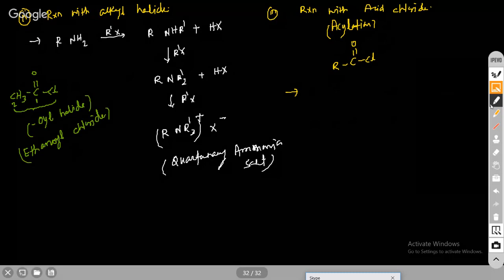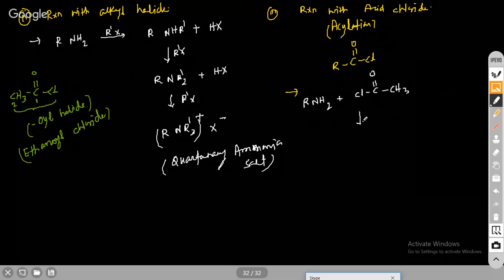Yes or no? Okay, so reaction with acid halide: a 1 degree amine like this RNH2 reacts with, suppose, Cl C double bond O CH3.